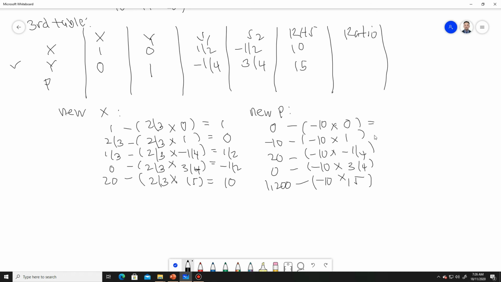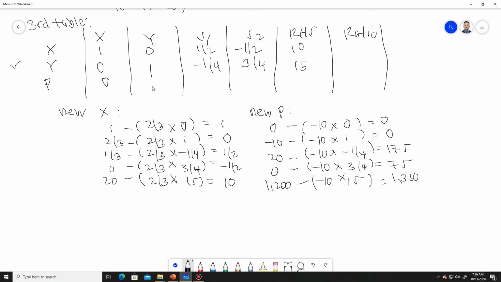So, isosolve natin sila. We have 0. We have 0. This is 17.5 in decimal numbers. This is 7.5 in decimal numbers. And this is 1,350.